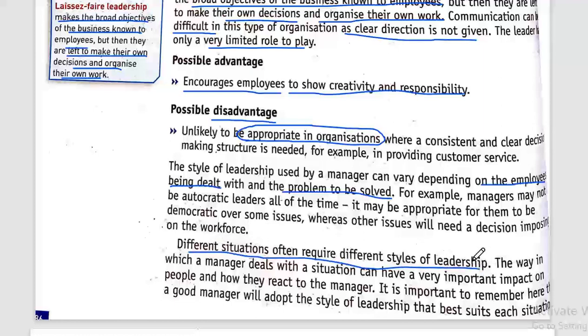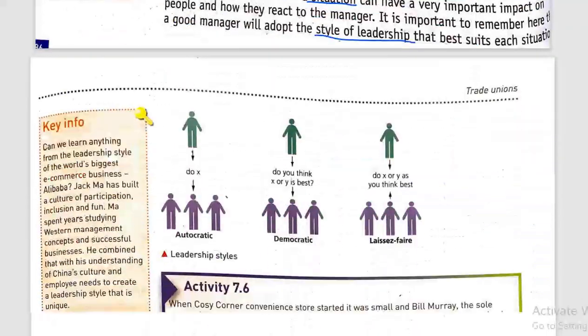I can use the style of leadership depending on the situation I'm in as a manager. So each manager has to understand which leadership style he should use based on the situation that he is in, based on the importance of this situation, and a good manager will know which style of leadership he must use to suit this specific situation.